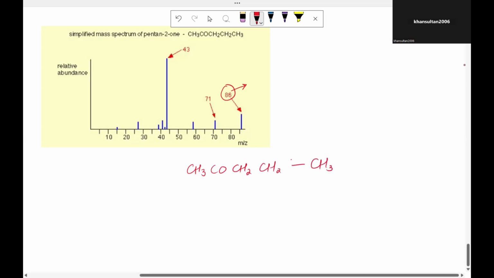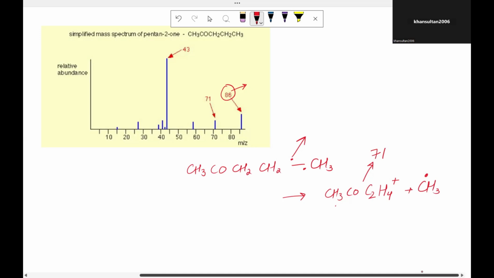If we have this electron here and this electron here, what is going to happen if this electron is lost? Then we are going to have CH3CO, C2H4 positive plus CH3 radical forming. The molecular mass of this one is 71, after the removal of this methyl.